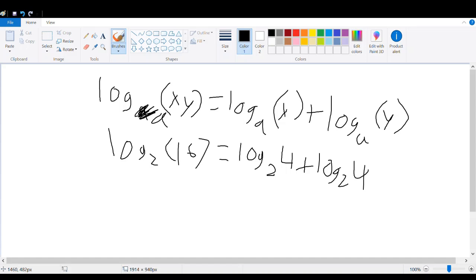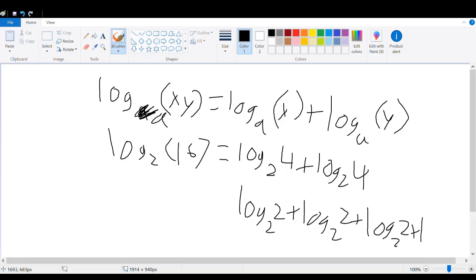And then we can simplify that even further to log base 2 of 2 plus log base 2 of 2 plus log base 2 of 2 plus log base 2 of 2. That's 1 plus 1 plus 1 plus 1 equals 4, which is the same thing. So I think that shows that it's right.